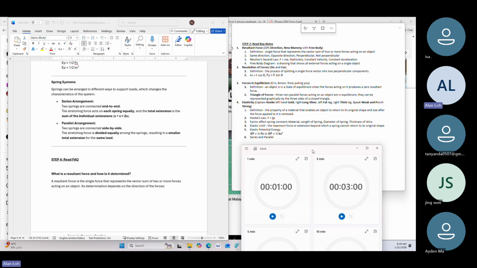What is drawer number 1? Resolution force. Resolution force is number 2. What's number 1? SPM resultant force. Excellent. Number 2 is resolution force, number 3 is force equilibrium, the equal.